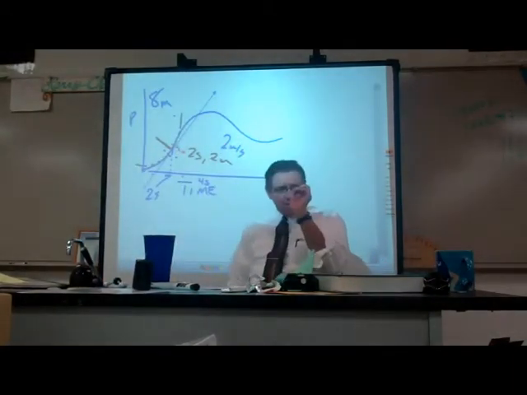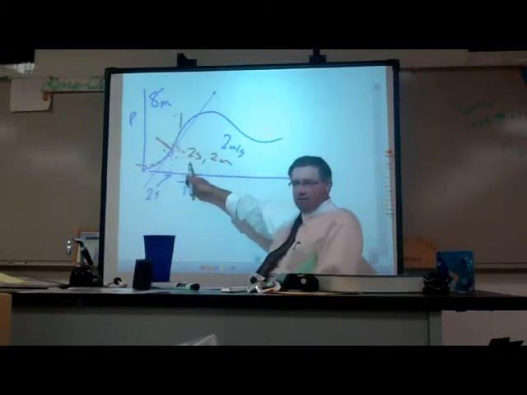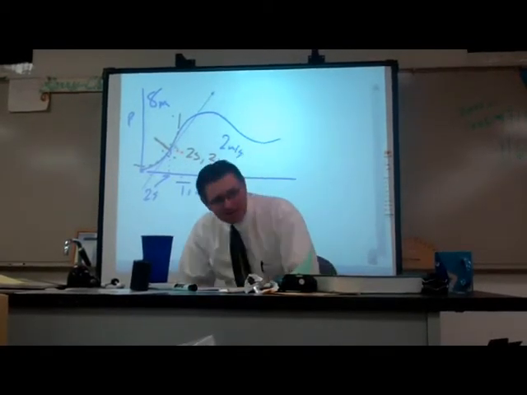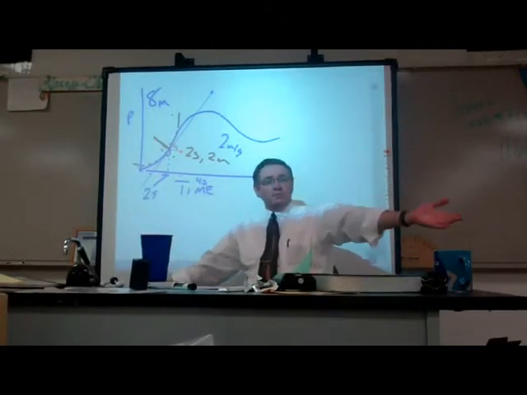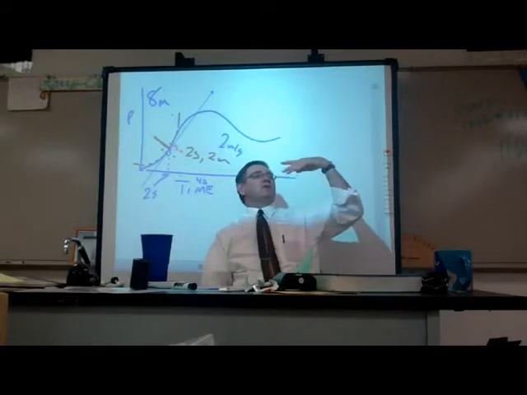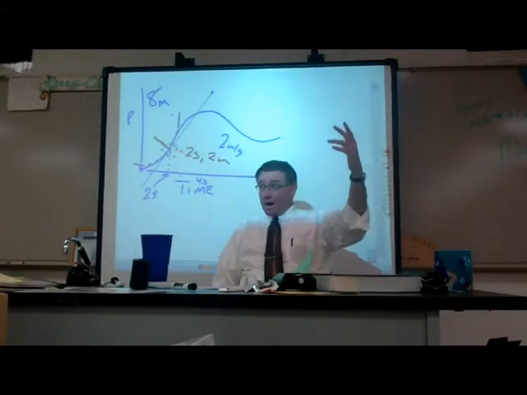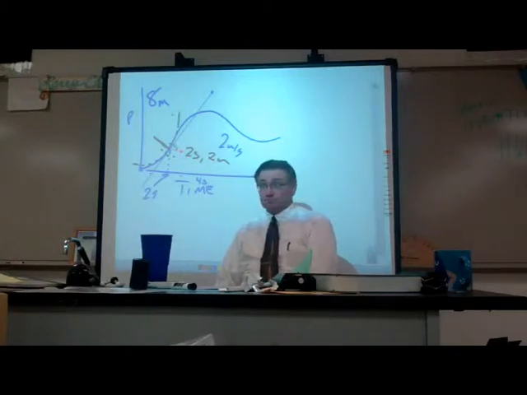Here's what you cannot do. Even though it goes through the point 2 meters and 2 seconds, you cannot say, oh, that's the slope of my line. I'm just going to take 2 meters and divide it by 2 seconds and say the slope of my line is 1 meter per second. Why can't you do that?